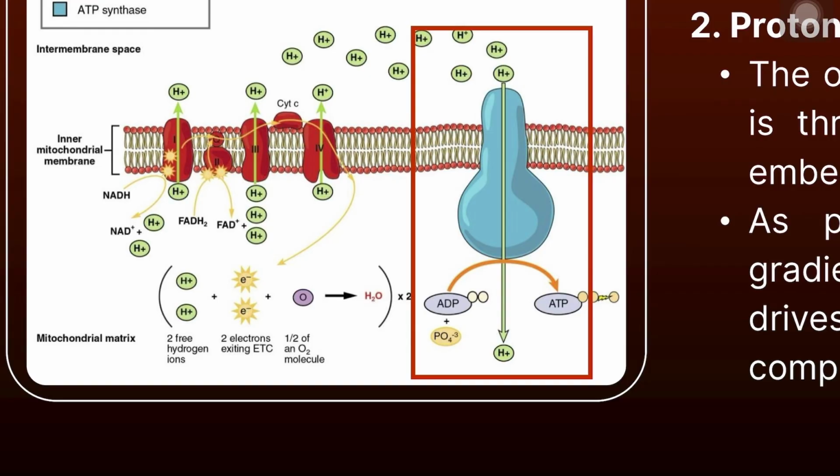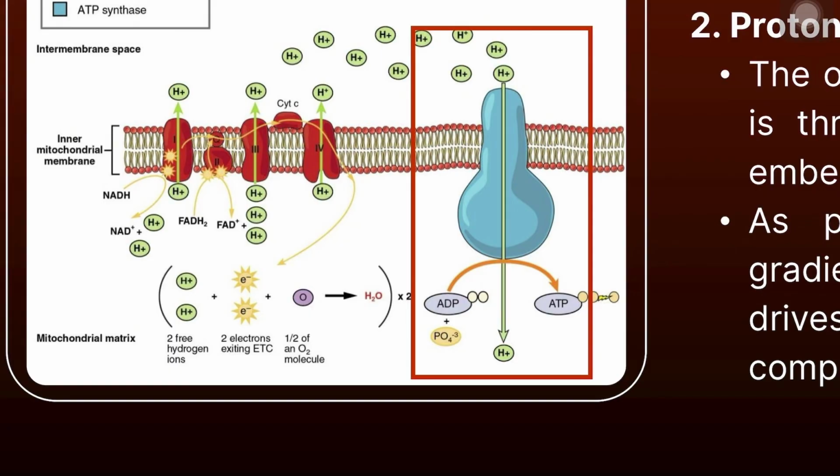This step is the most important event of the chemiosmosis, because this is the direct synthesis of ATP, with the use of the energy from the proton gradient.